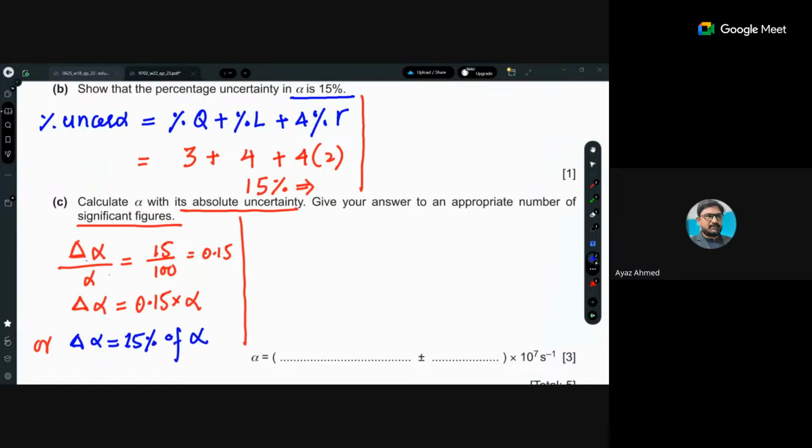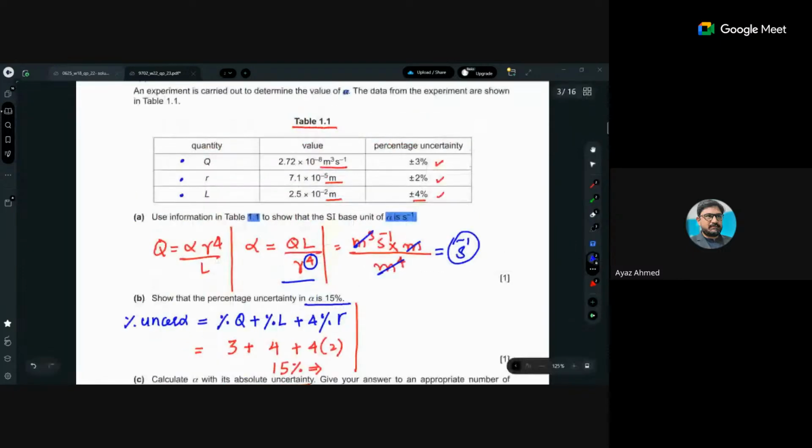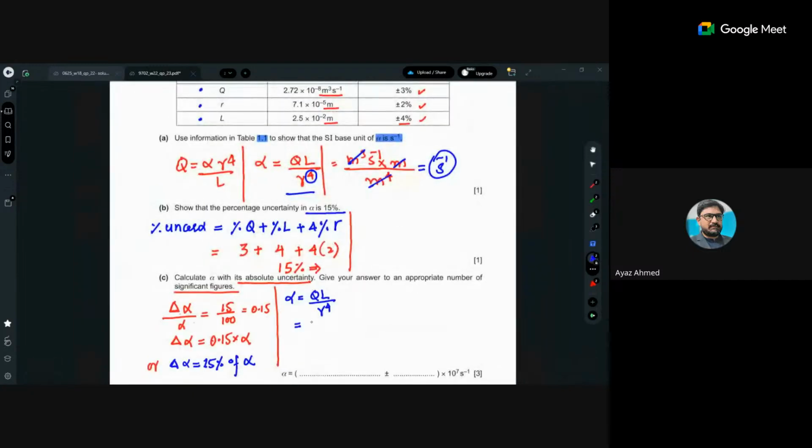So my first target is to calculate alpha. So what will be alpha over here? Just put the values back. Alpha is ql divided by r power 4. Q is given to you, it is 2.72 into 10 raised power minus 8, regardless of the units, because we have no need to write units along with that.